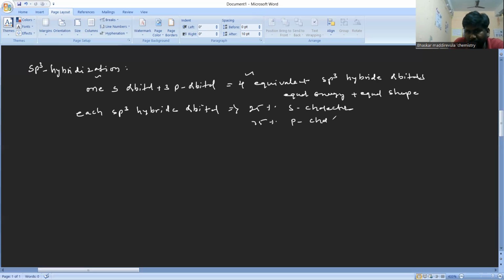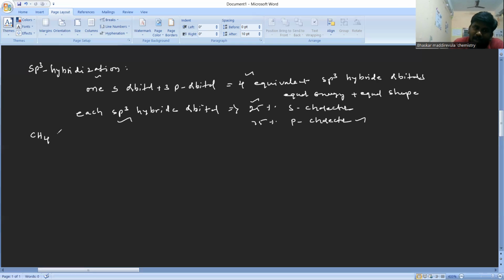So each sp3 hybrid orbital will consist of 25% s character and 75% p character. I'll explain this sp3 hybridization by taking one small example, that is methane.